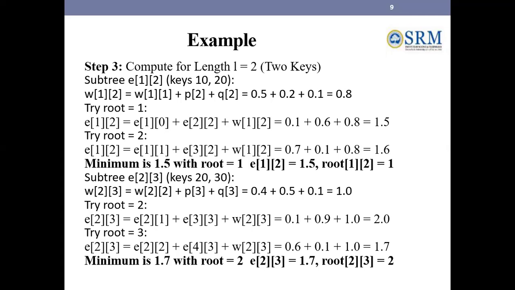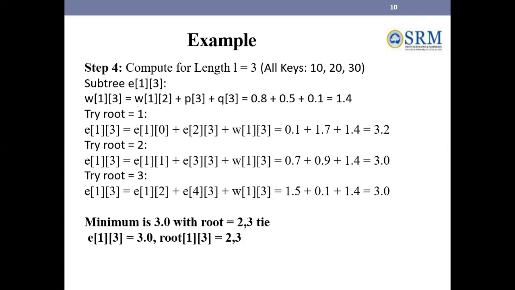So 1.7 is minimum, so that can be chosen as the root node. That is root 3. So the minimum cost is 1.7. So update the value in the dynamic programming table, the cost table and the root table. E of 2, comma 3 is 1.7. Root of 2, comma 3 is 2.